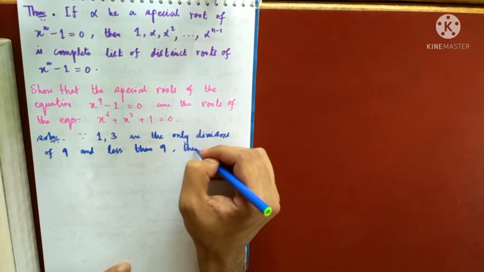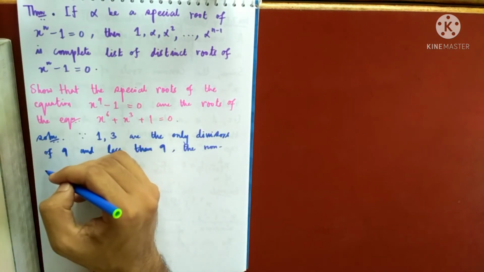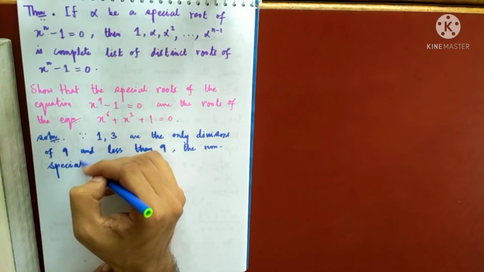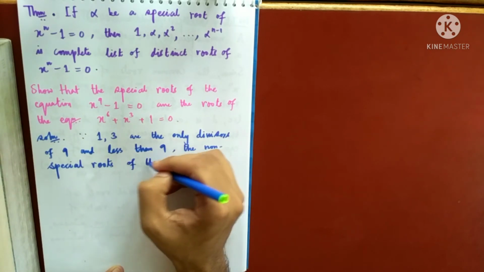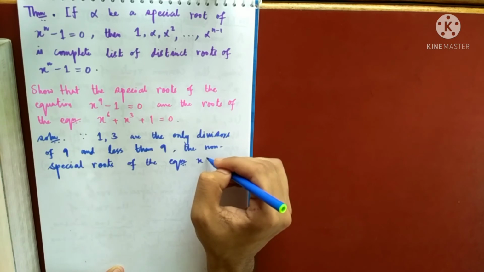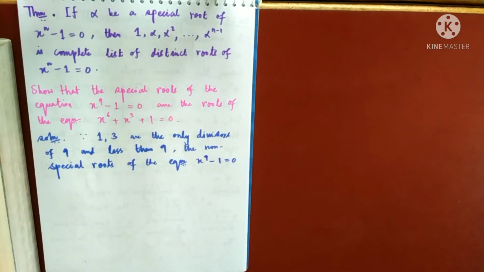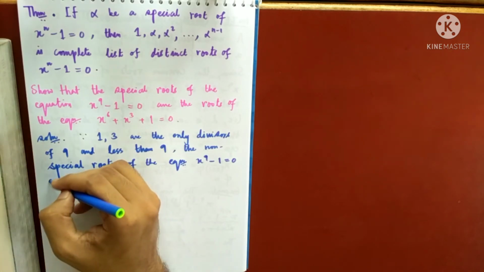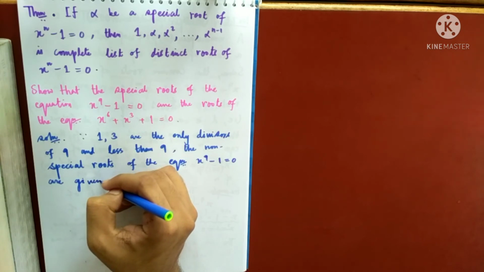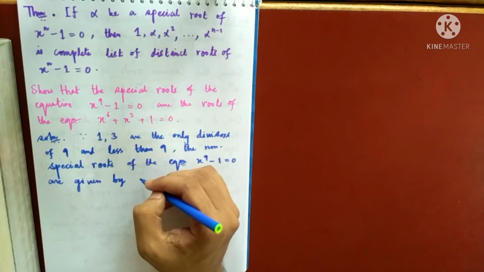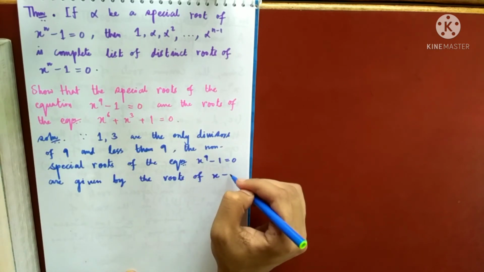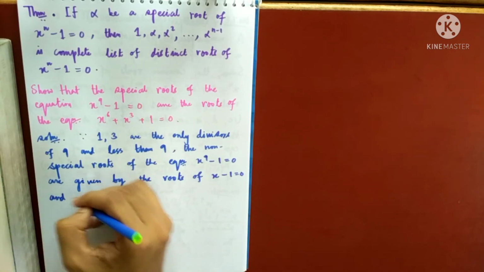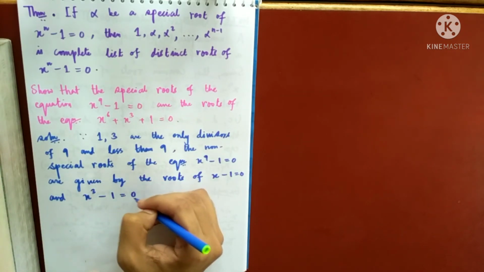The non-special roots of the equation x to the power 9 minus 1 equals 0 are given by the roots of x to the power 1 minus 1 equals 0 and x to the power 3 minus 1 equals 0.